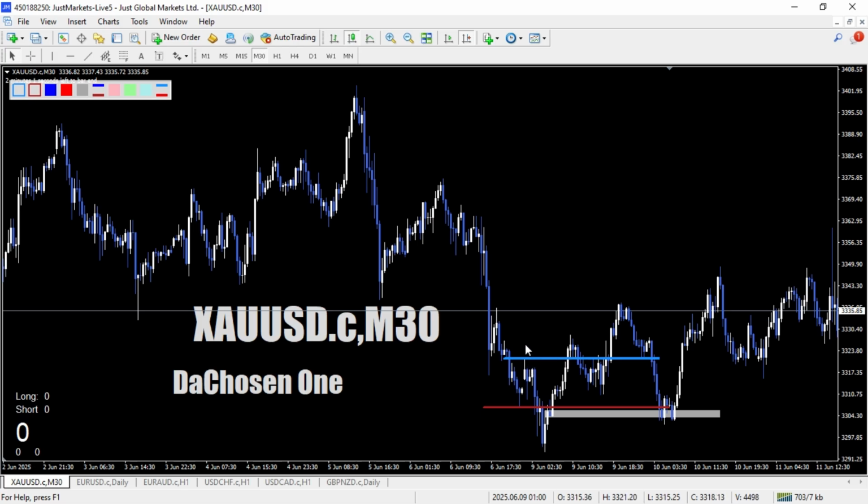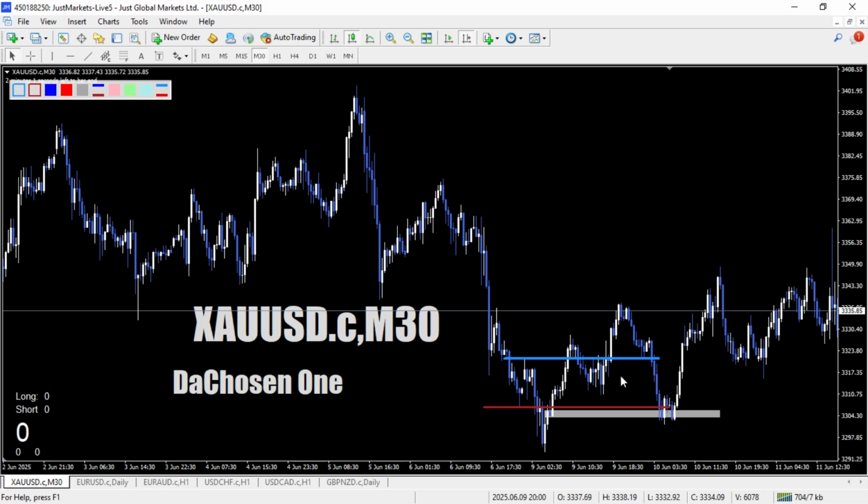Break of structure. Over here you can see left shoulder, a lower low, broke structure, QML level. There's a lot of liquidity here. Came back, tested the zone and pushed up.